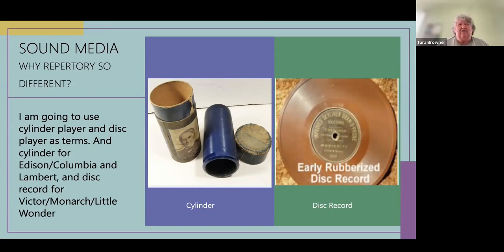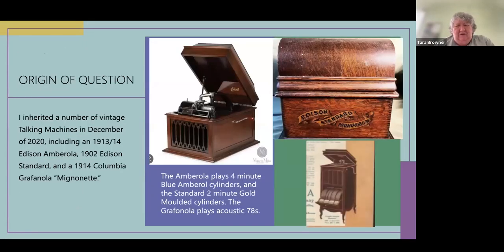And I don't know how many Edison cylinder players were in Europe, so I don't know how familiar you are with them. You're certainly familiar with disc records, but I'm going to stay with Edison and primarily with Victor. So this is really about what was going on in the United States in the time period between 1900 and 1925.